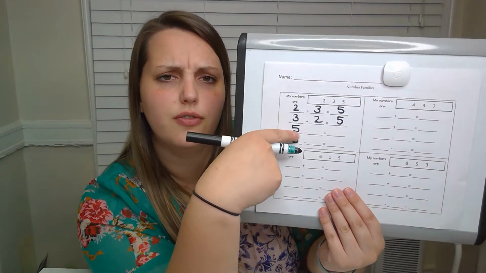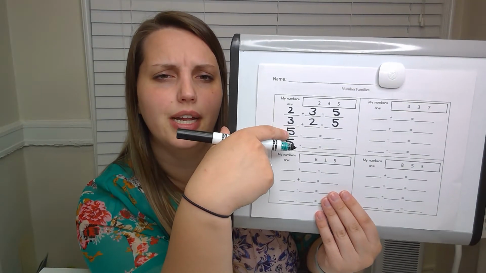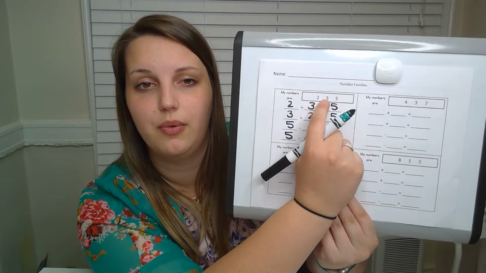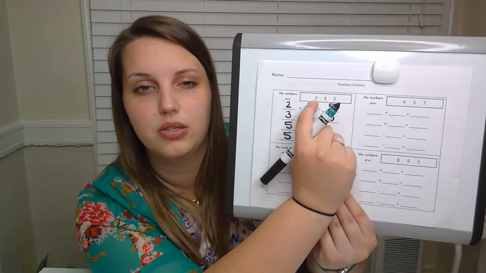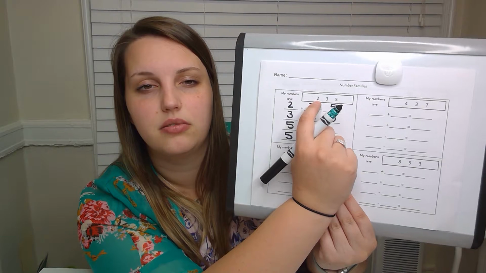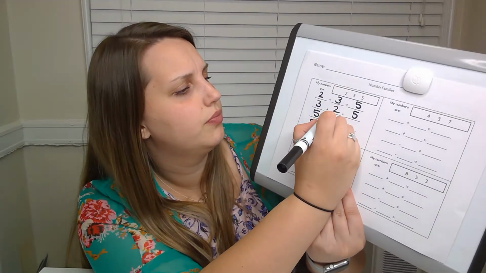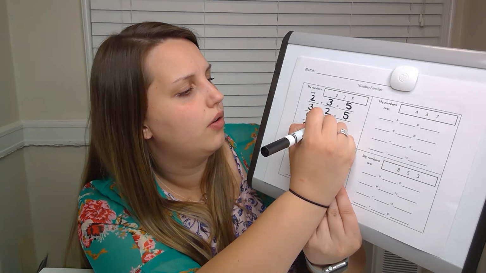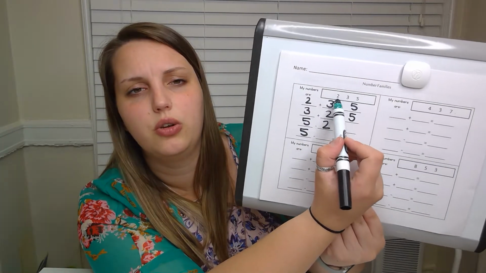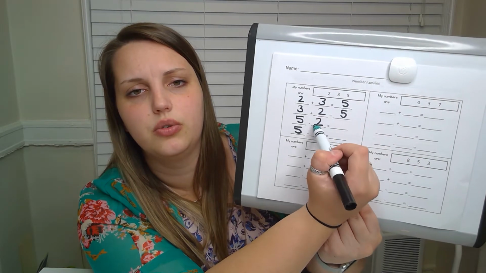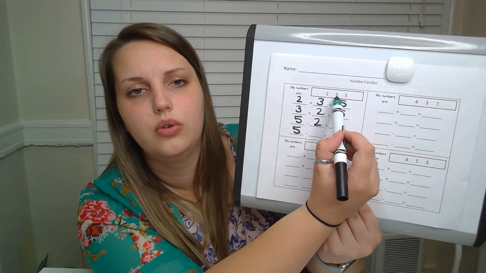So 5 minus, choosing one of these numbers here, because we have a 5, now we need to figure out one of these numbers. 5 minus, let's start with 2. 5 minus 2. What numeral do we have left up here? We used our 5, we used our 2, our 3, right.